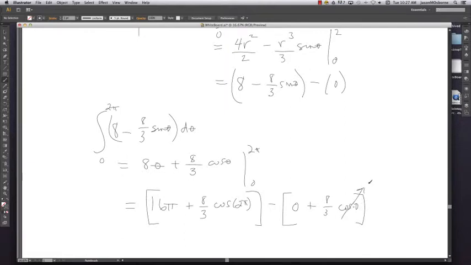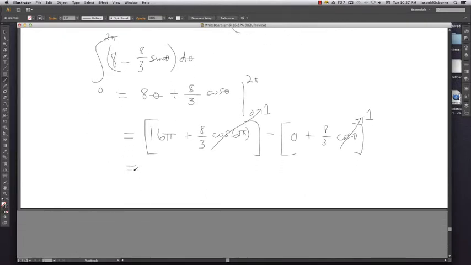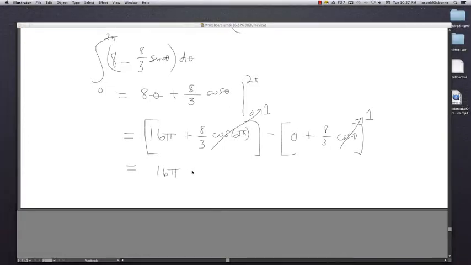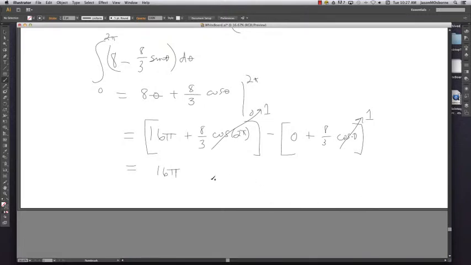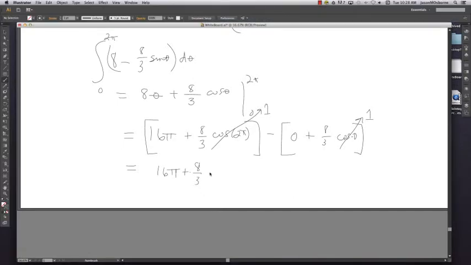Cosine of 0 is equal to 1. Cosine of 2 pi is equal to 1. So this reduces to 16 pi, plus 8/3, minus 8/3.